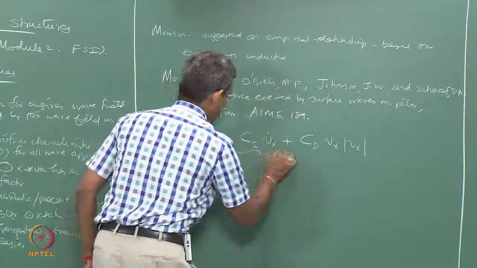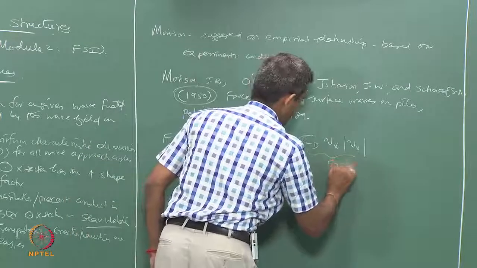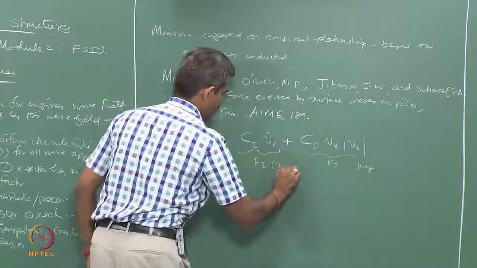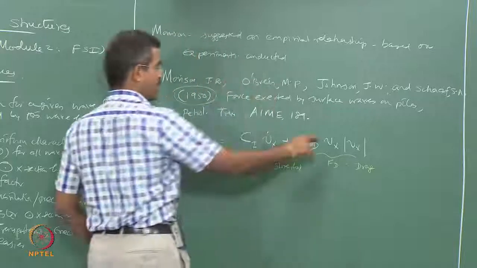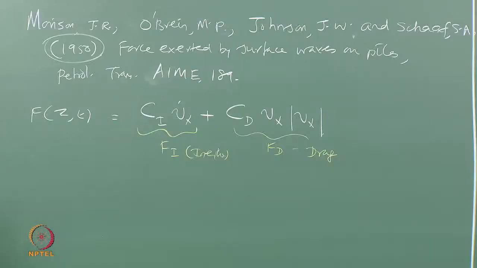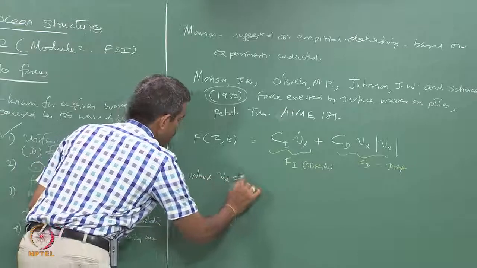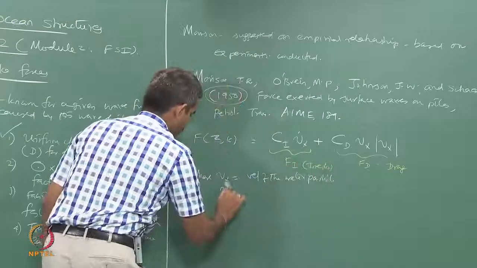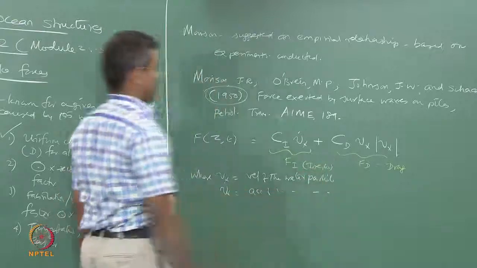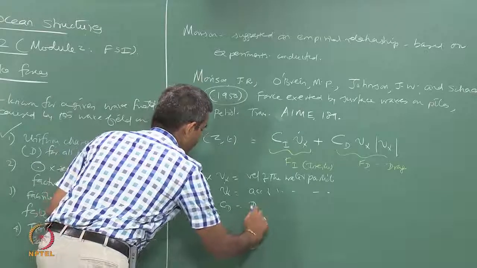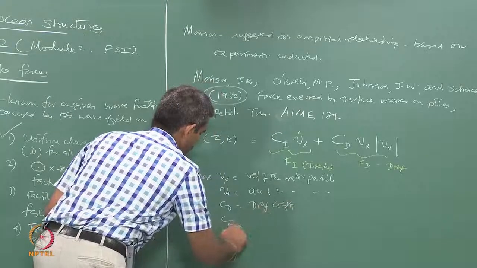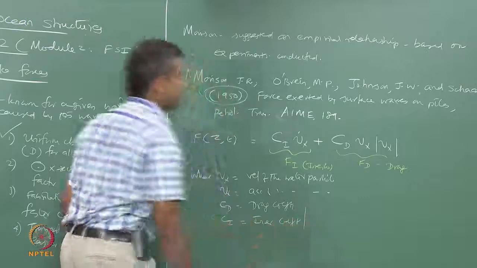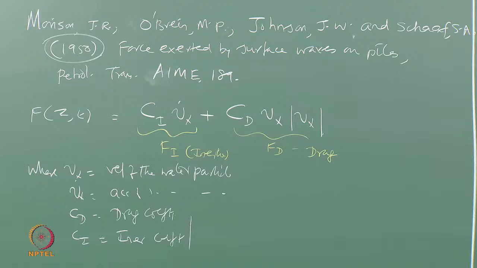This is called Fi and this is called Fd; this is the inertia force and this is the drag force, where Vx is the velocity of the water particle and Vx dot is the derivative of the velocity, which is the acceleration of the water particle, and Cd and Ci are called the drag coefficient and inertia coefficient respectively, which have to be estimated based on the experiments conducted by the team supported by Morrison.